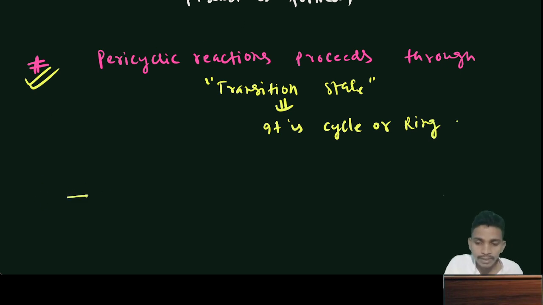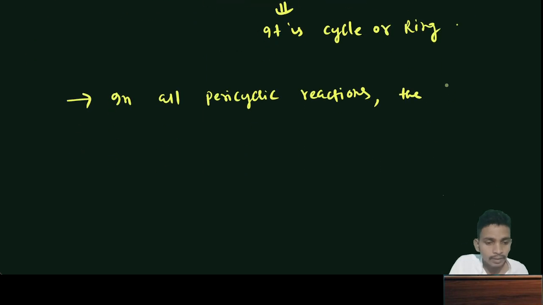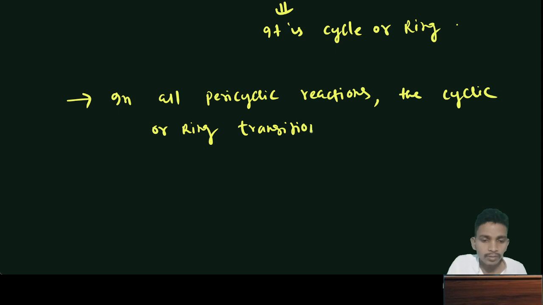It means that in all pericyclic reactions, a cyclic or ring transition state must be formed.